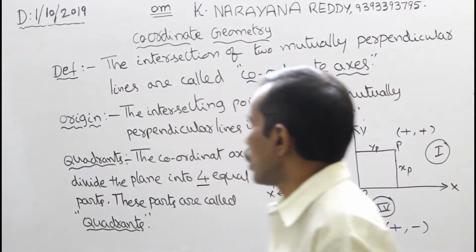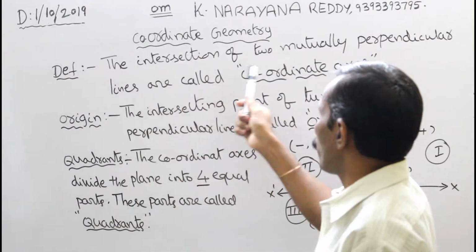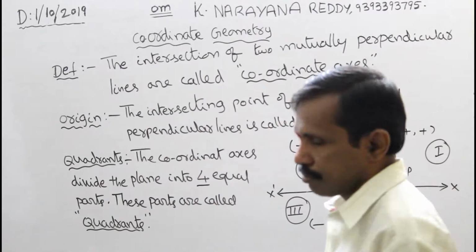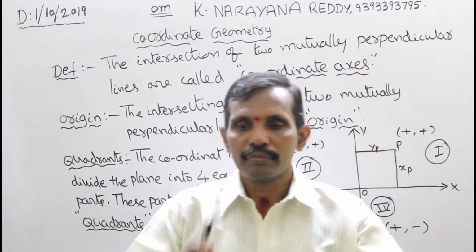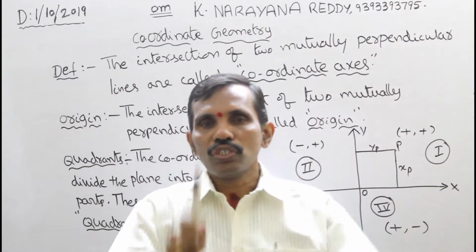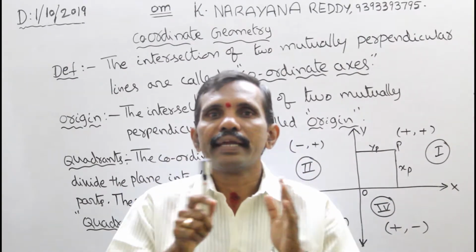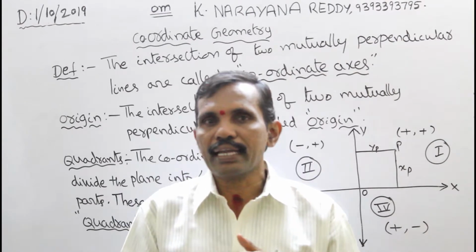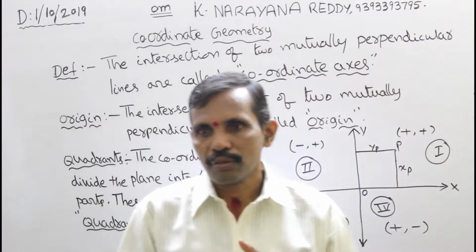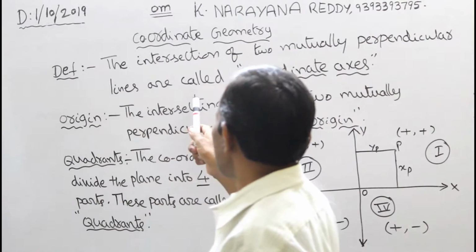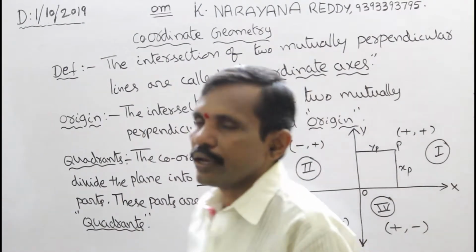So, definition: the intersection of two mutually perpendicular lines, in this way. So, what is mutually perpendicular? Those are forming 90 degrees. The angle is 90 degrees. So, mutually perpendicular lines are called coordinate axes.